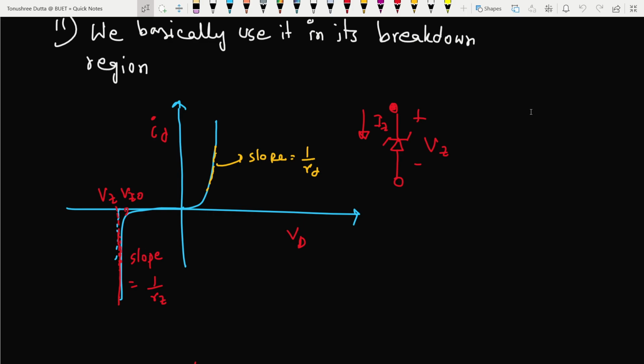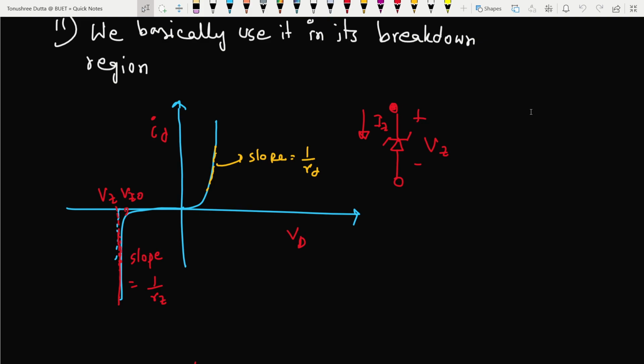It has a curvature at the point Vz0 that I have pointed out, and just a few millivolts after that, it becomes almost a straight line parallel to the y-axis, so its slope is quite high.